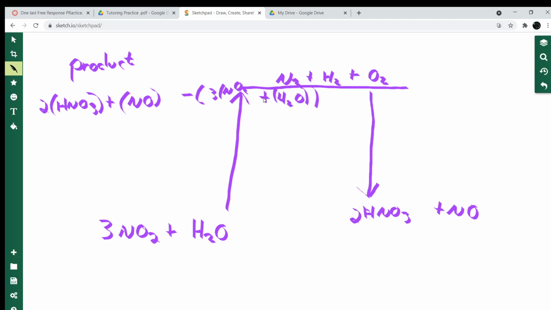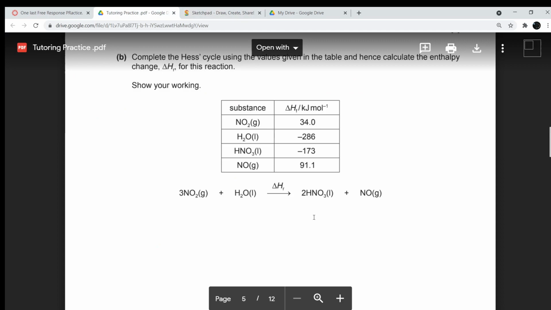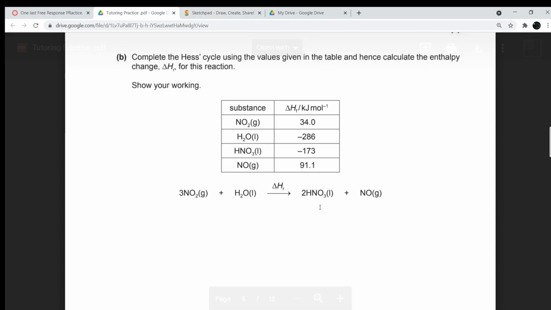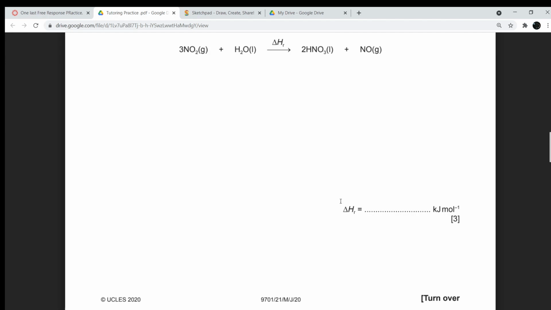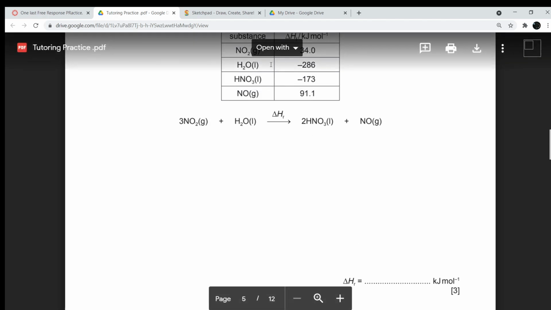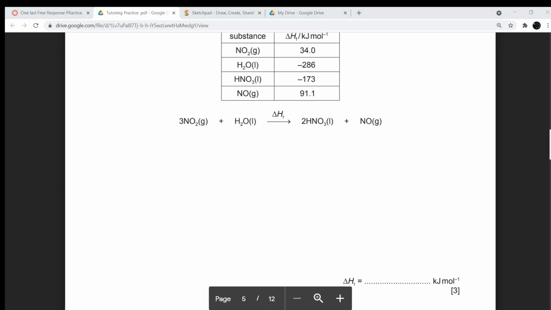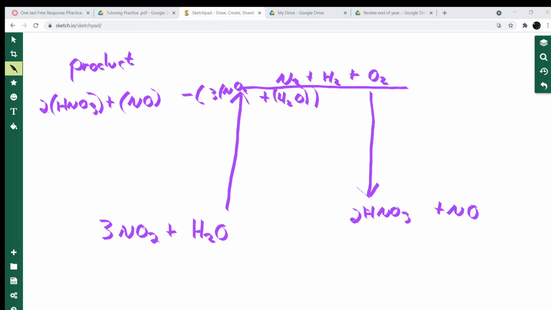We'll plug all of those numbers in to get our answer, and our end goal answer is going to be negative 70.9.